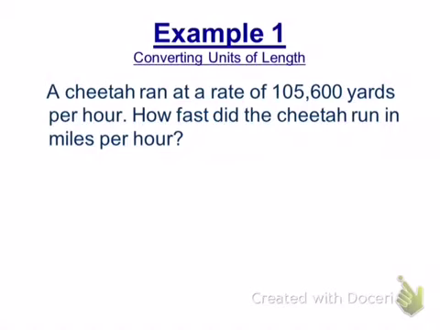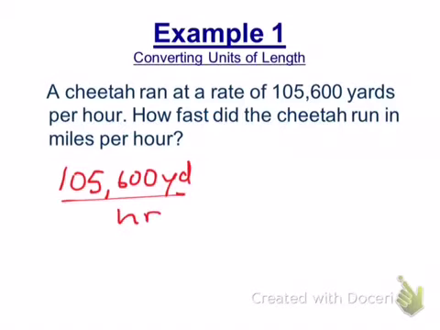There are two ways to do this, but we're going to start by writing the ratio that we are given: 105,600 yards per hour. It's a ratio, right?